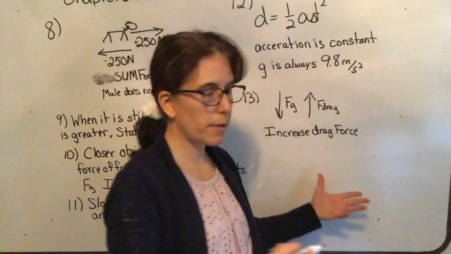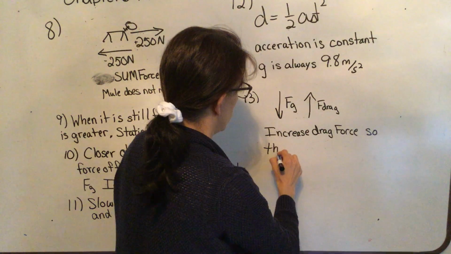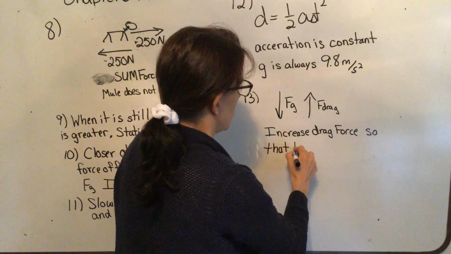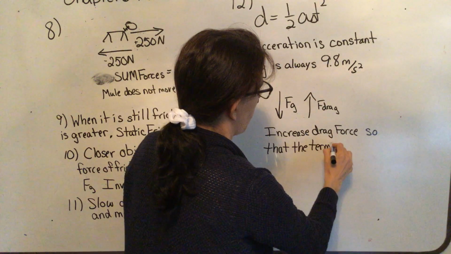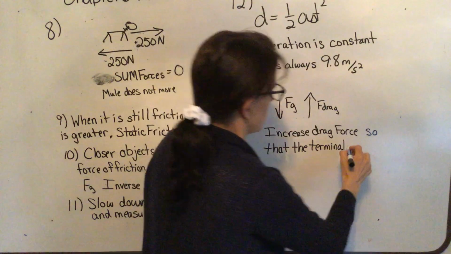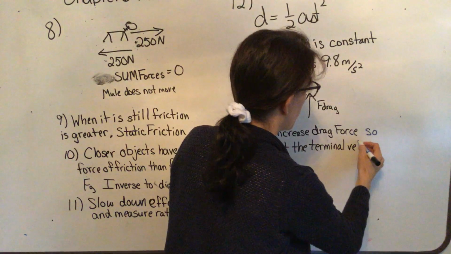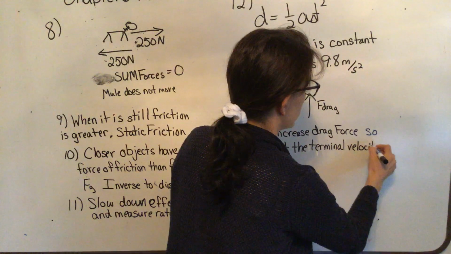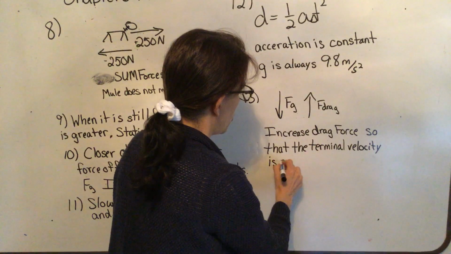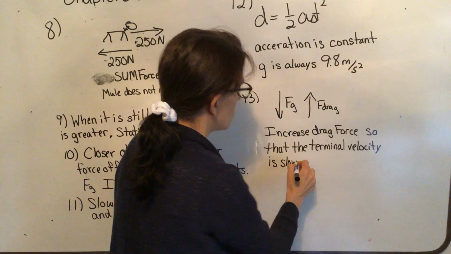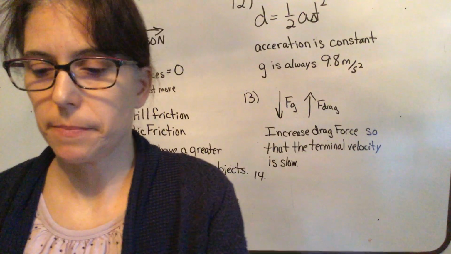And why do we want to do that? So that the terminal velocity, meaning the maximum velocity that the person is falling, is slow. Because if it's too quick, the landing will be painful. So we don't want any painful landing.